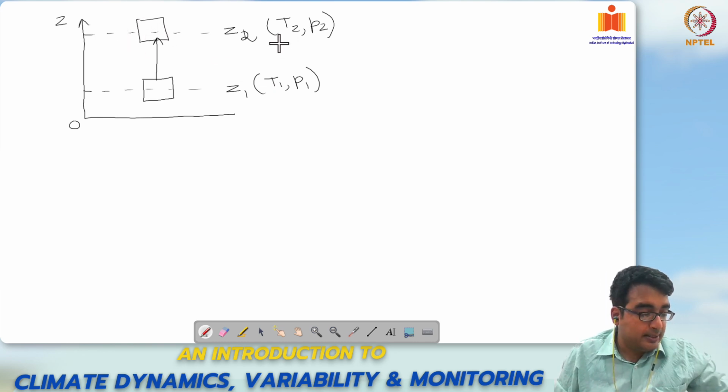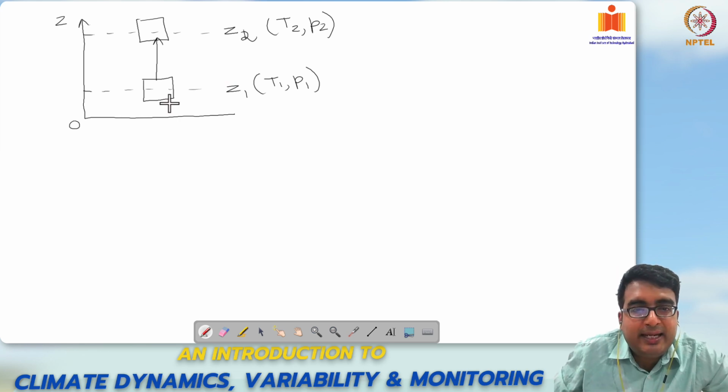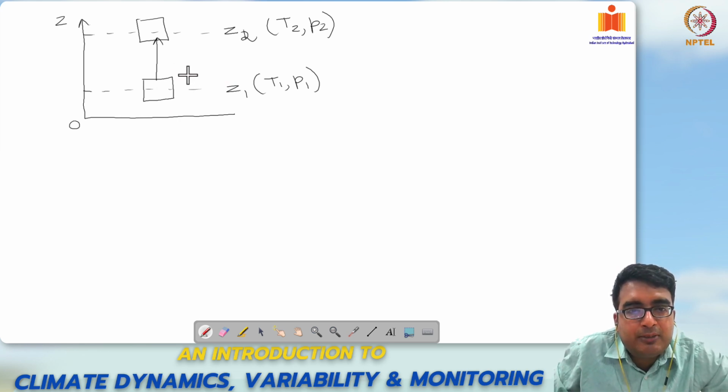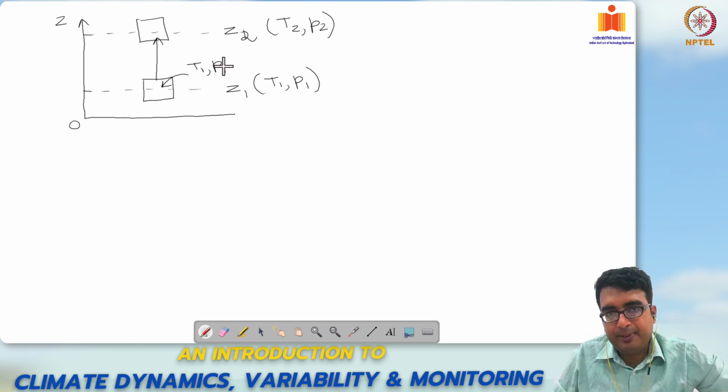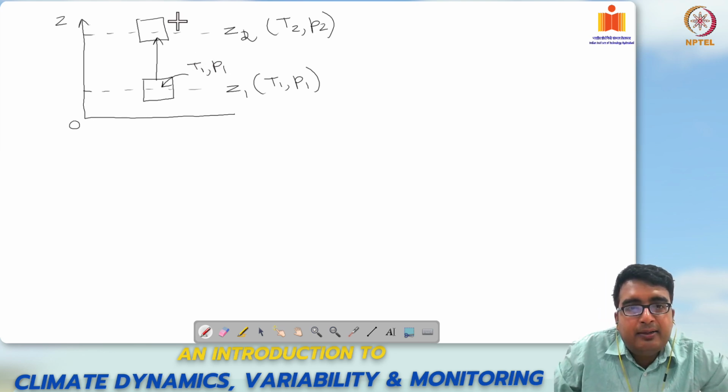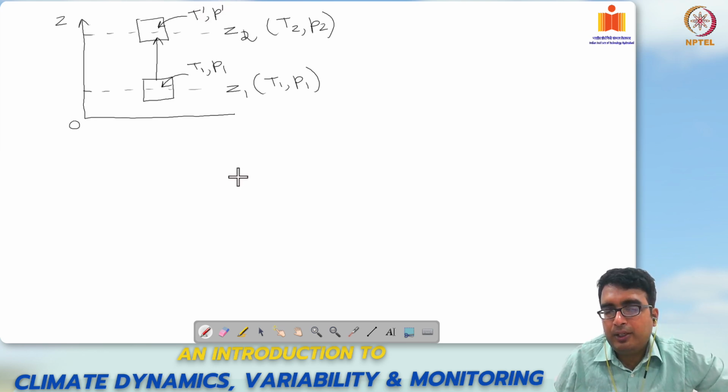The initial temperature and pressure of this parcel were T1 and P1, and the final temperature and pressure of the parcel here are T prime and P prime. In general, because this movement was quick and there is no heat transfer between the parcel and the surrounding air, this T prime will not be equal to T2.